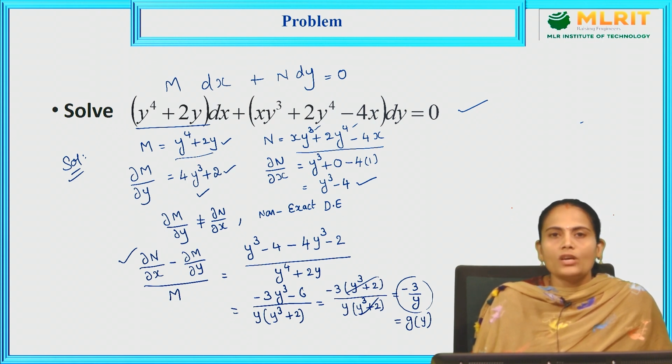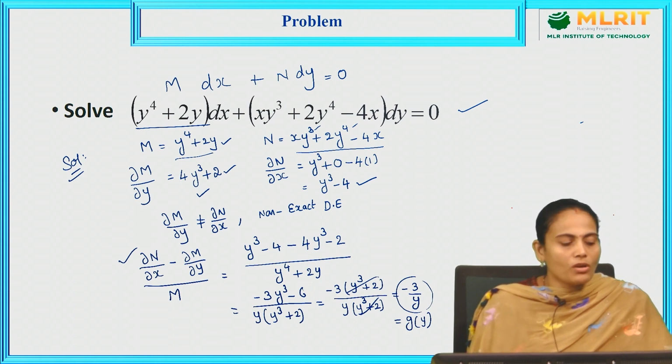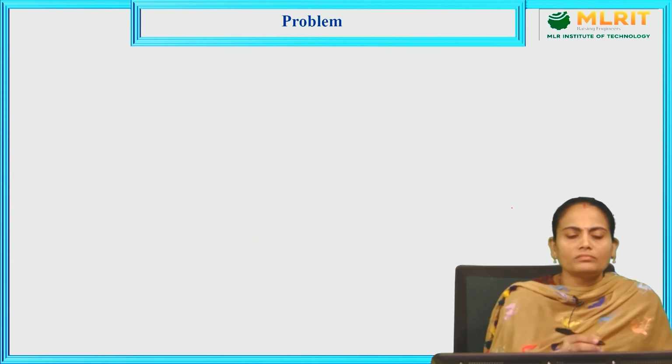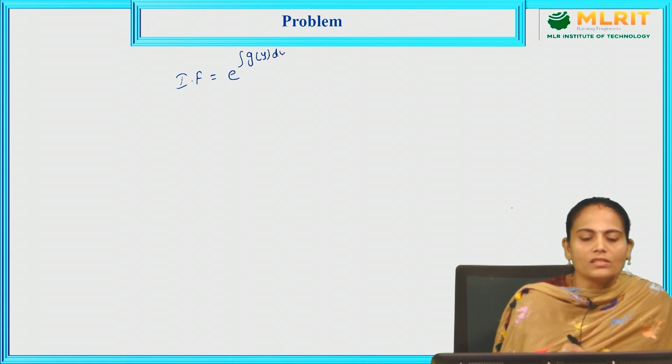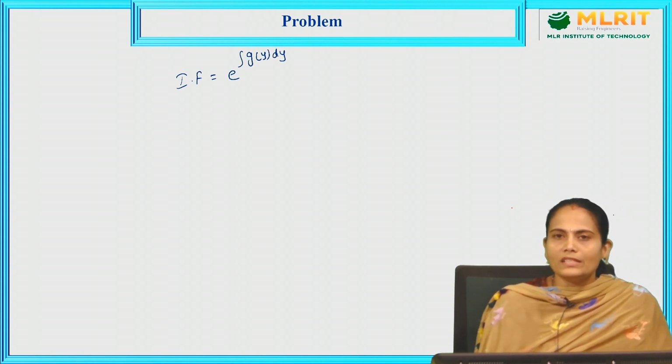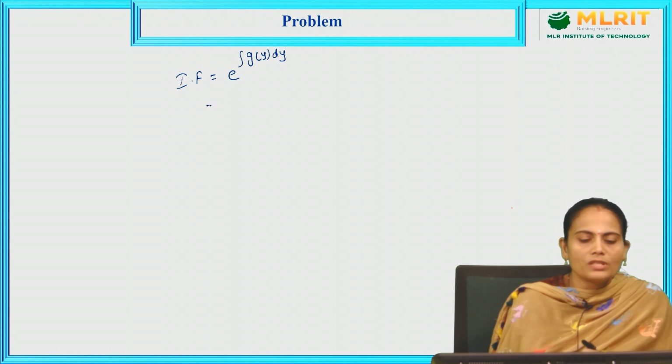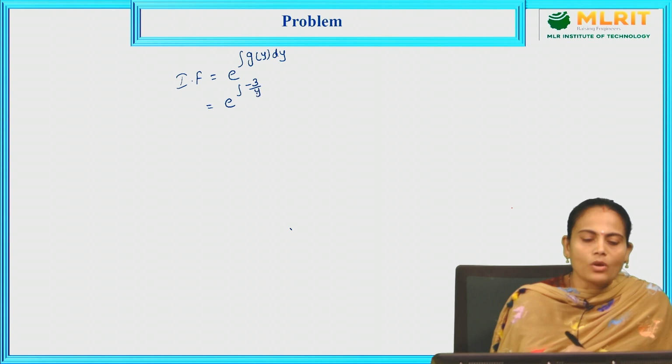Now we are going to find the integrating factor. What is the formula for the integrating factor? The integrating factor is equal to e power integral g of y dy. So this is equal to e power integral of minus 3 by y dy.